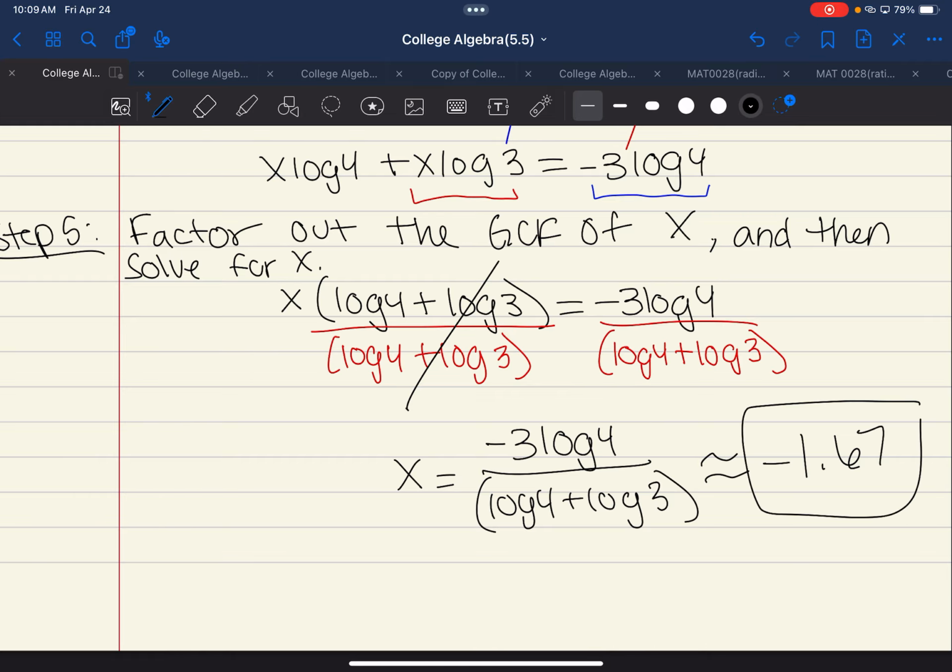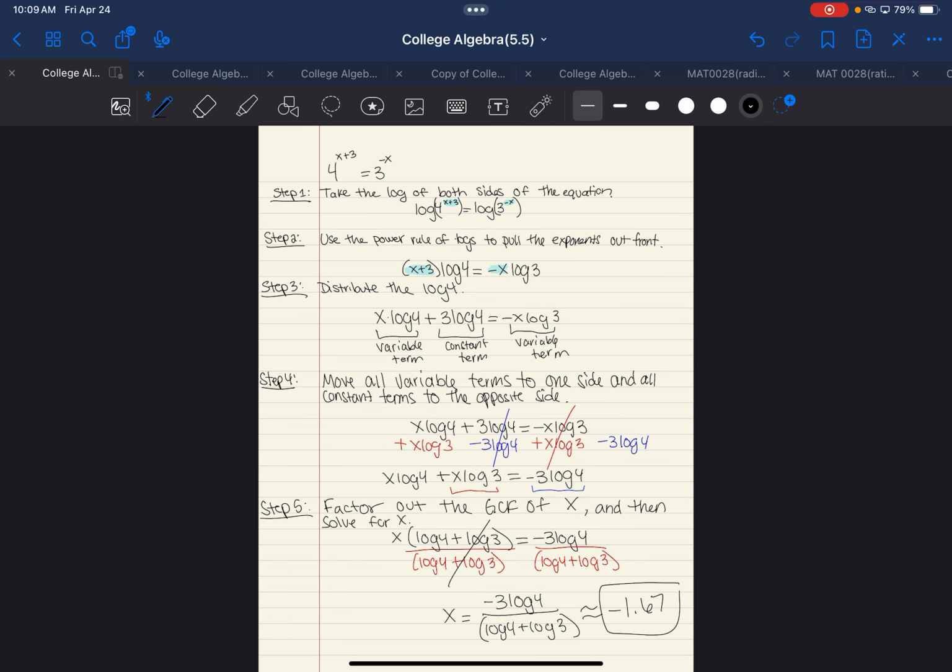All right. So that will always be the process if you have two exponential expressions on each side. You'll take the log or ln of both sides, use the power rule to pull the exponents out front.